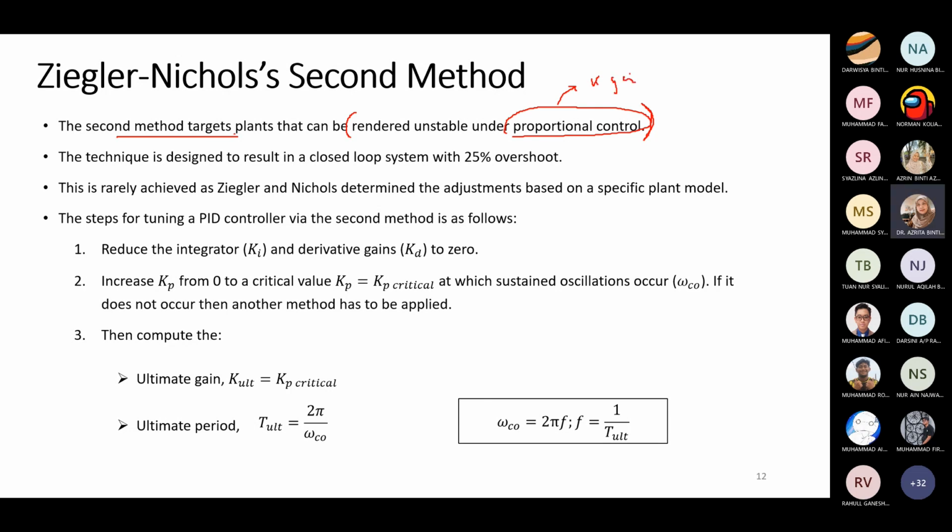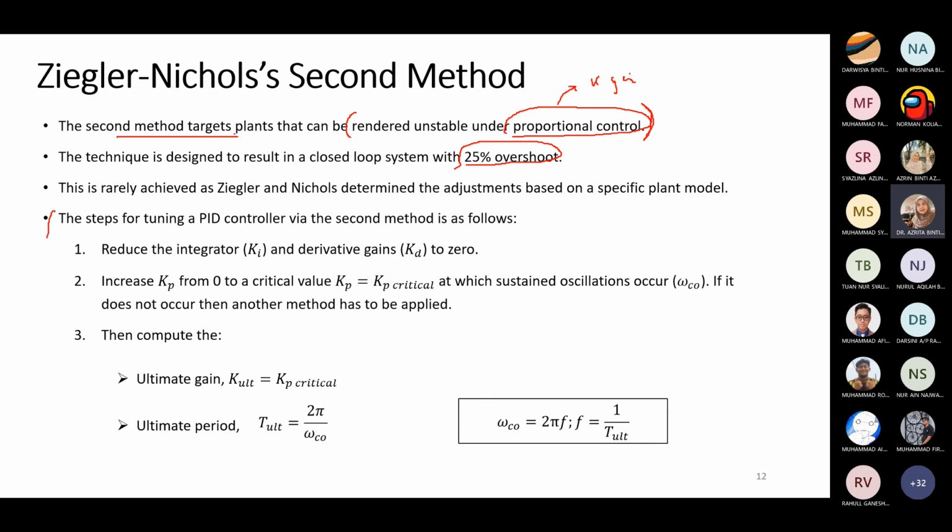Okay, so the technique is designed to result in a closed loop system with 25% overshoot. So basically we design the output response with 25% overshoot. This is rarely achieved, as Ziegler and Nichols determined the adjustment based on the specific plant model.